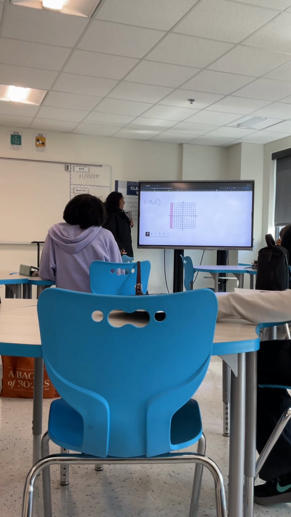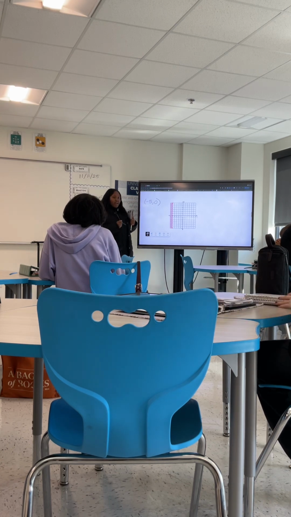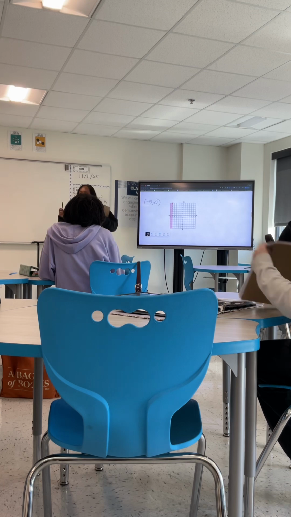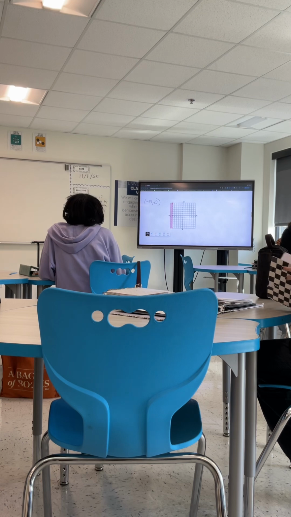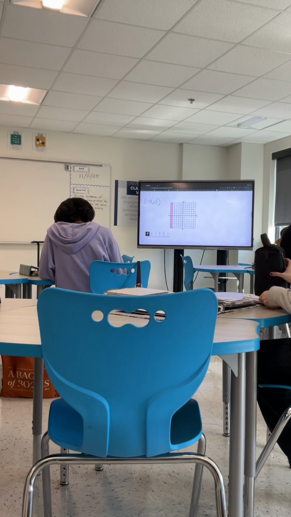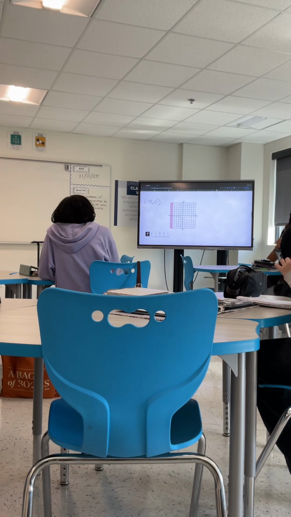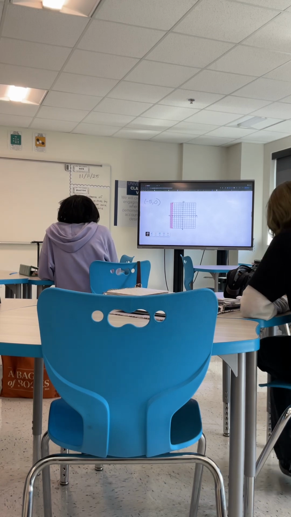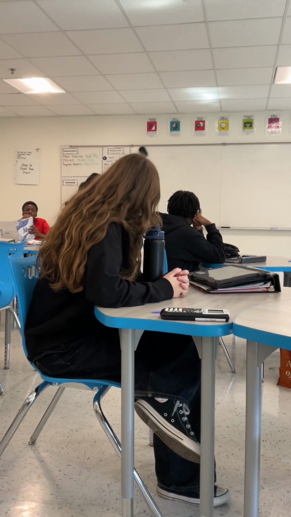Now that we plotted the point, where is that point on the graph? Like, where is it specifically? On the dashed line. Now, can someone tell me what the dashed line means?